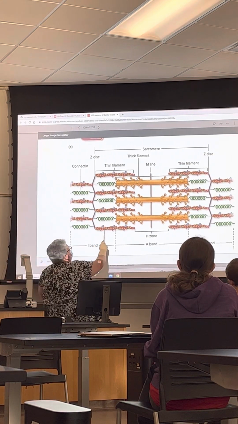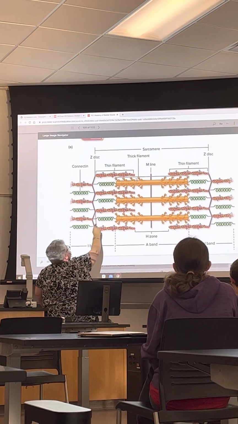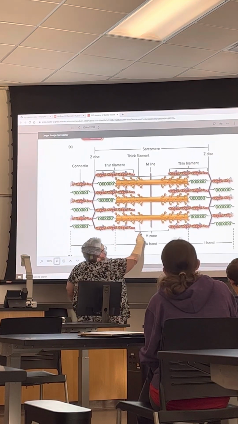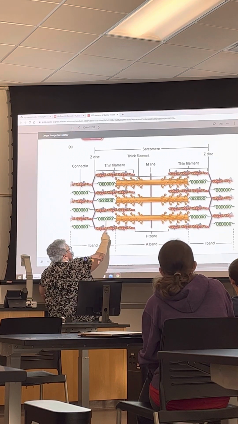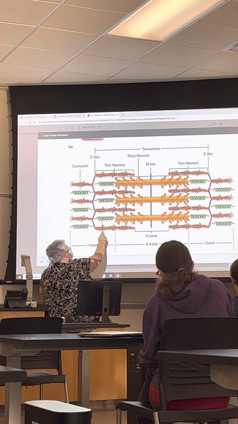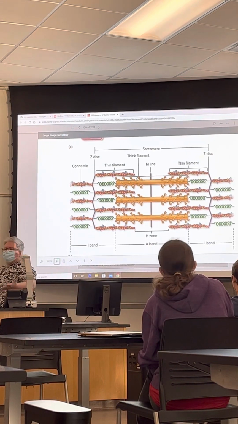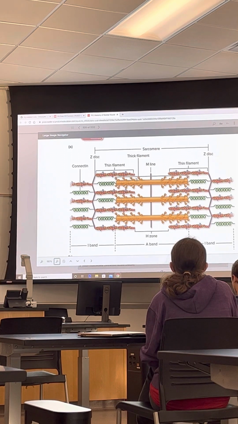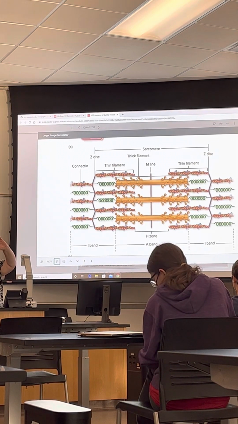We have our actin directly attached to the Z disc. And then we have our myosin in the middle. Okay? And that is connected to the Z disc by this little spring-like protein called connectin. And it is going to act like a spring. It keeps the myosin filament in between the actin filament.